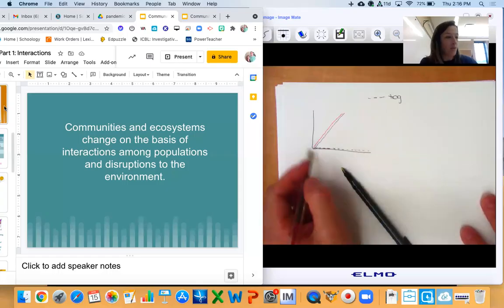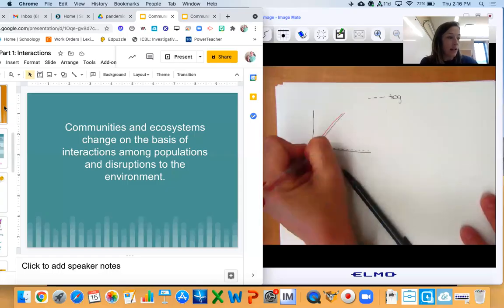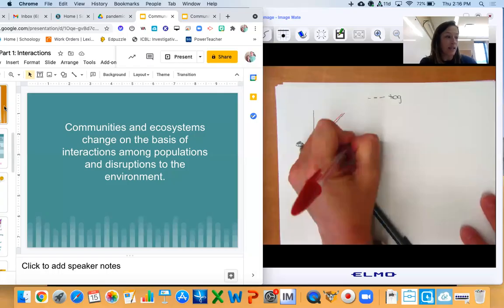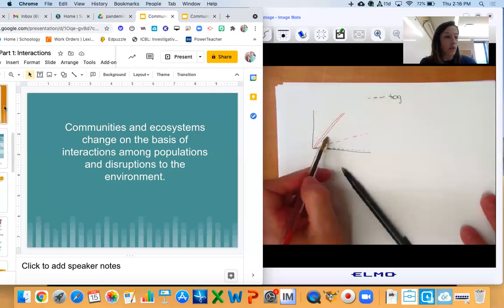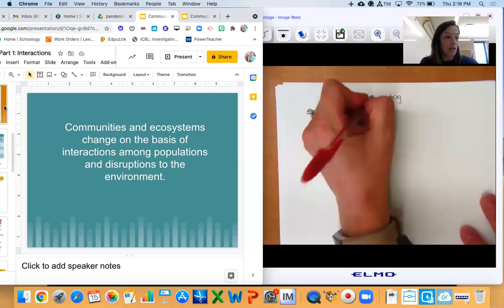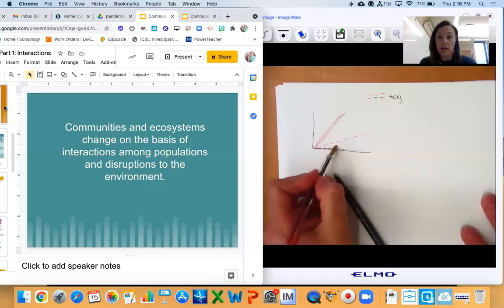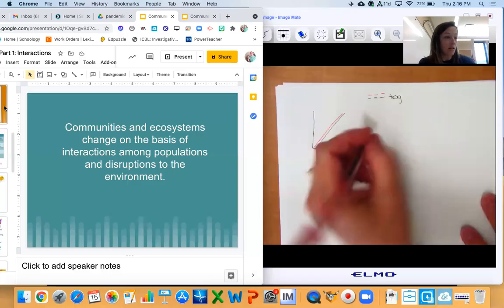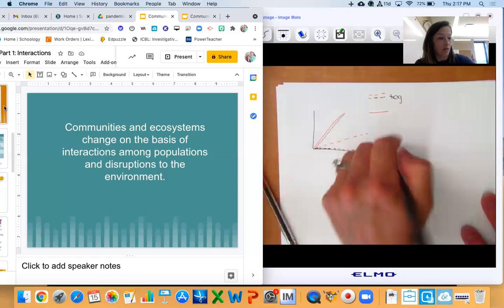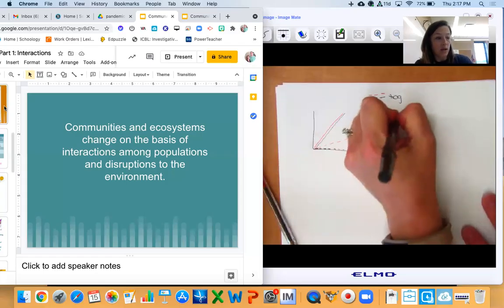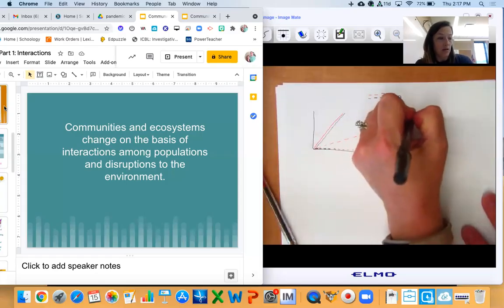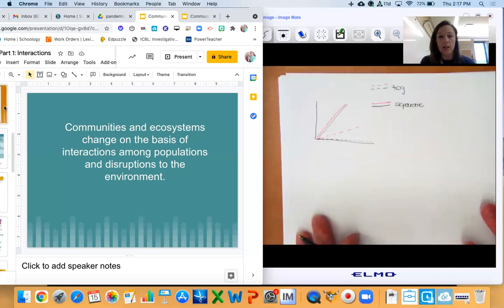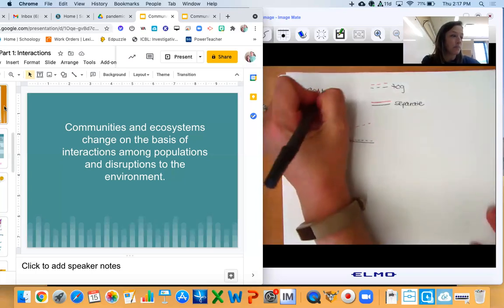So they're gone. And the other one does less well because it had to expend some energy to compete. So when they're together, one's doing less well and one's gone. But when they're separate, they are doing much better. Okay, so that's kind of what competition would look like graphically.